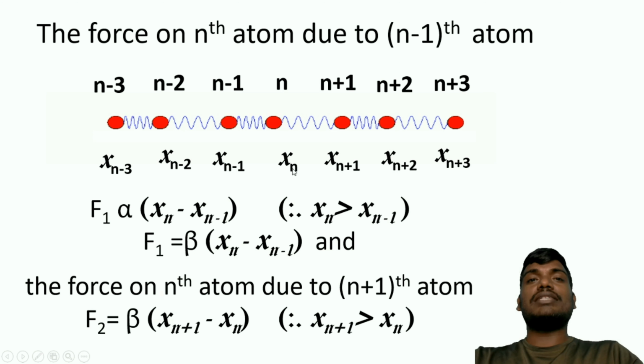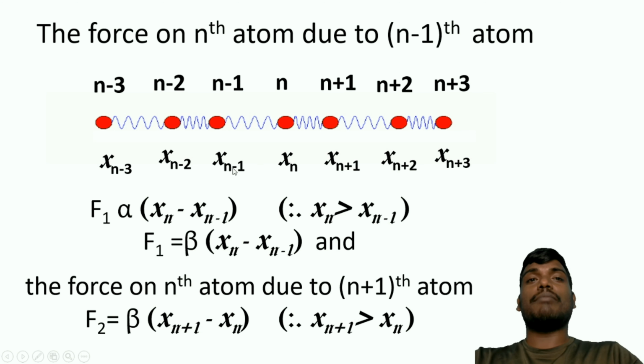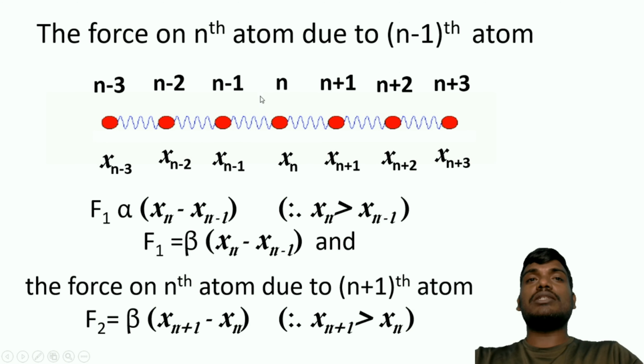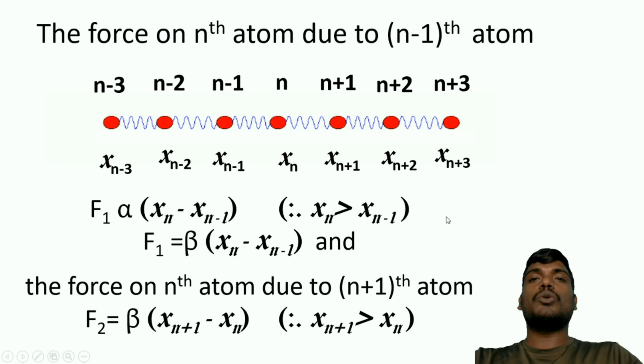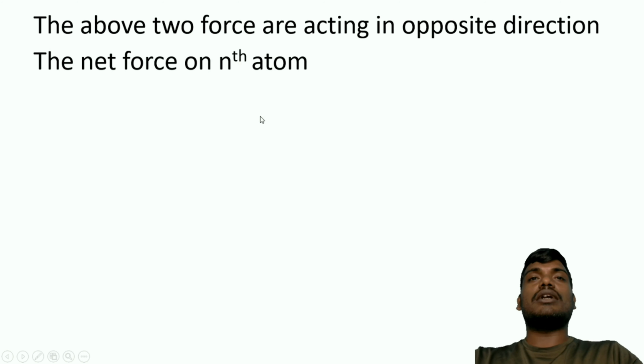Here x n is replaced by x n plus 1, and x n minus 1 is replaced by x n, so the value is x n plus 1 minus x n. These two forces, F1 and F2, act in opposite directions. So the net force on the nth atom is F n equals F2 minus F1.